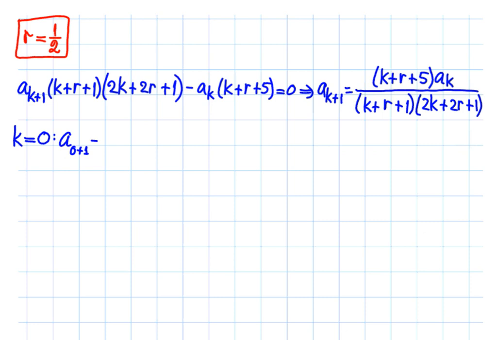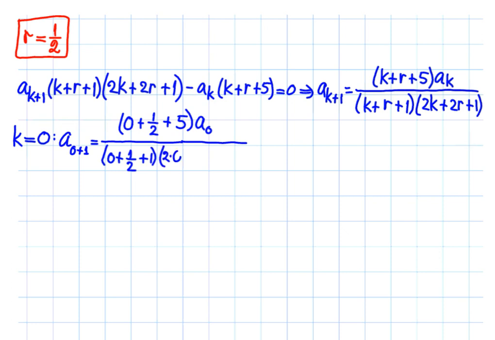On the top, k is 0, so we have 0. R is 1/2 plus 5 times a sub 0. The bottom is 0 plus r plus 1, 2 times 0 plus 2 times 1/2 plus 1.